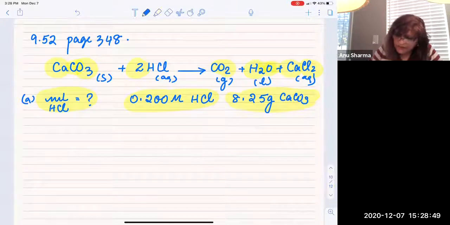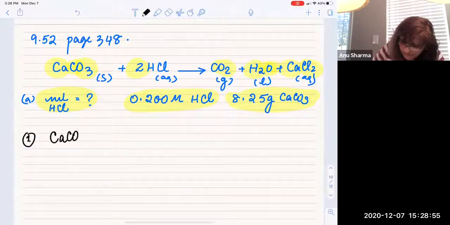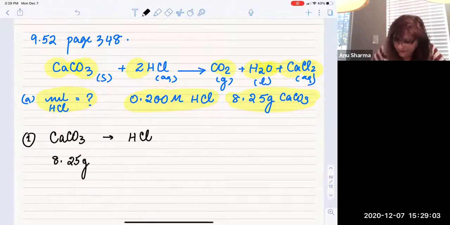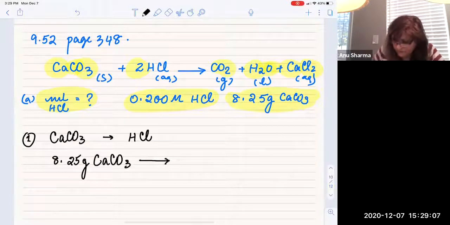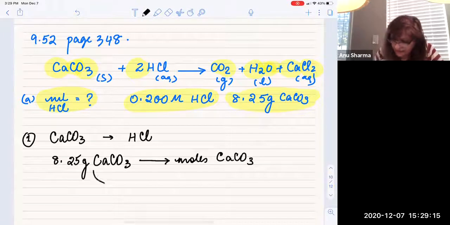Now, first thing we are basically looking at is the relationship of calcium carbonate and HCl. You are given 8.25 grams of calcium carbonate. What is the first thing you're going to do? Find the moles of that. Very good, find the moles of calcium carbonate. And how to do that?